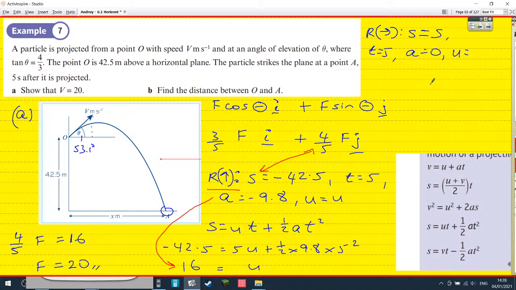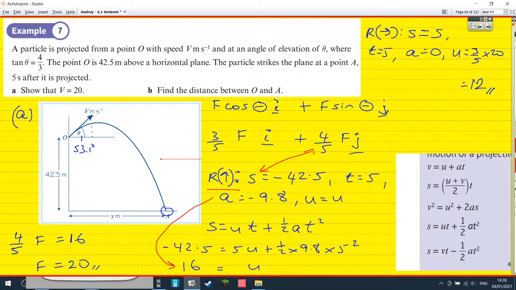I'm not sure. Is it 0? It's going to be 3/5 of 20. 3/5 of 20. So which is 12. 100 over 12.